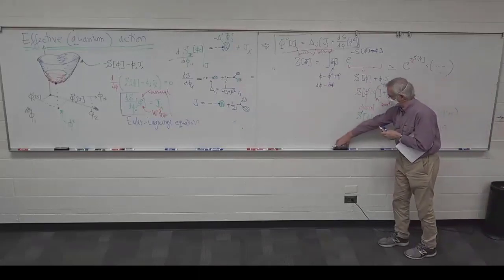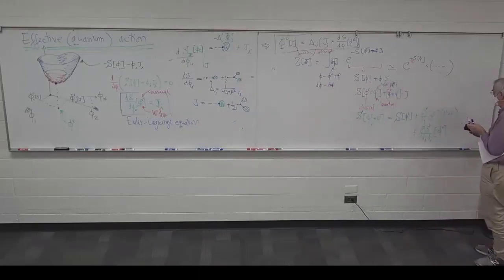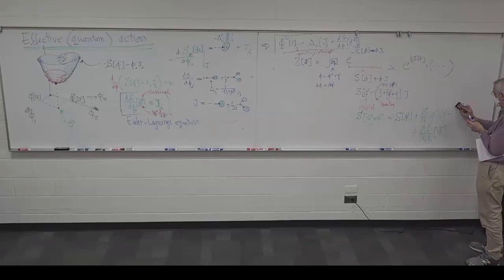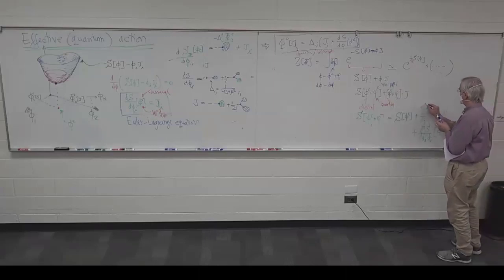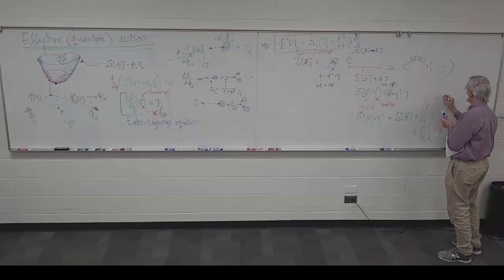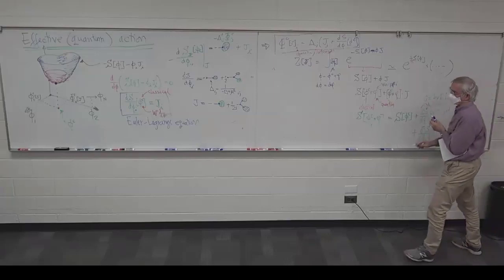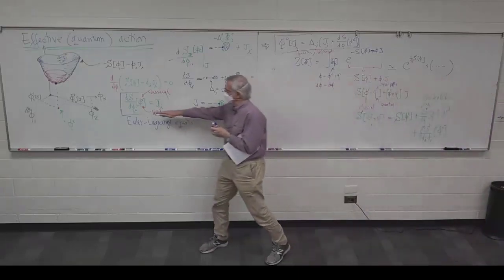We'll get to the usual thing, which is the linear term goes away. Well, this is 0 by Euler-Lagrange because it's an extremum of this combination, right?